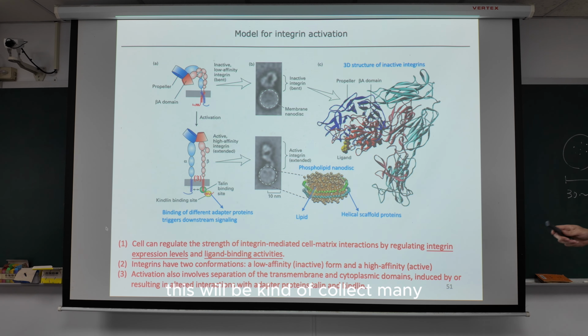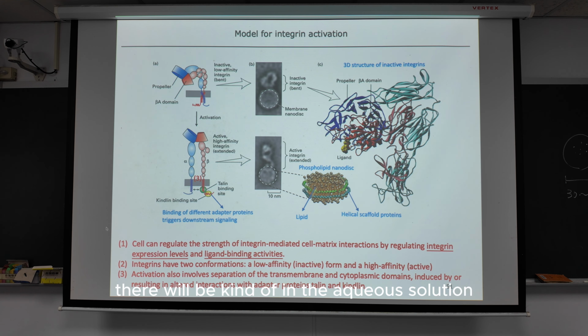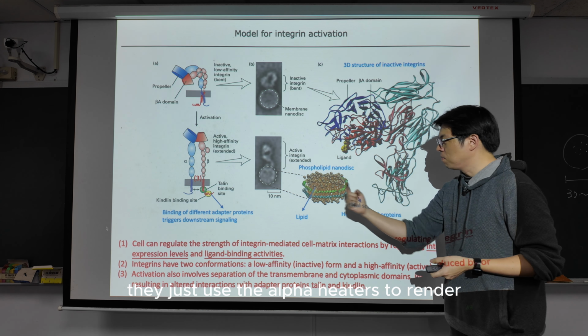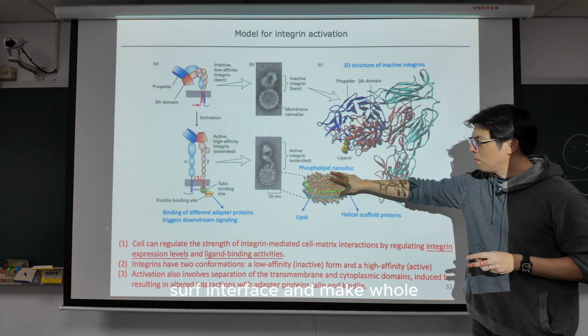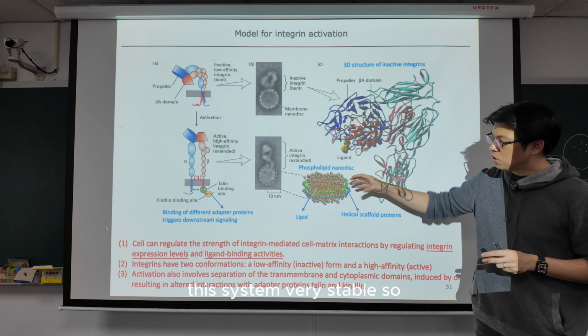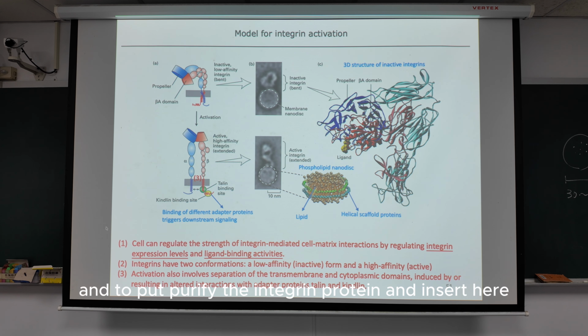It collects many phospholipids, and in the aqueous solution the hydrophobic layer would be exposed to the water, right? So they use alpha helices to wrap around and cover this hydrophobic interface and hold the system very stable. They can make a tiny disk to mimic the membrane structure, then purify the integrin protein and insert it here.